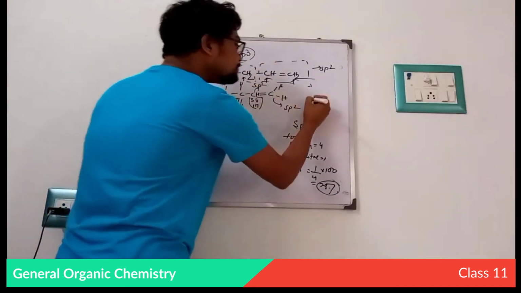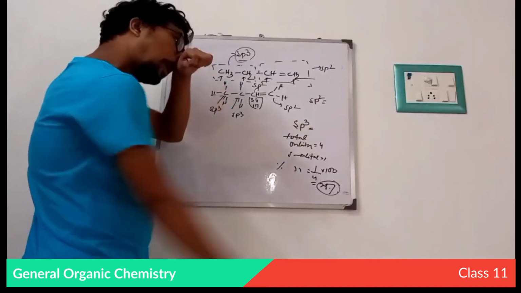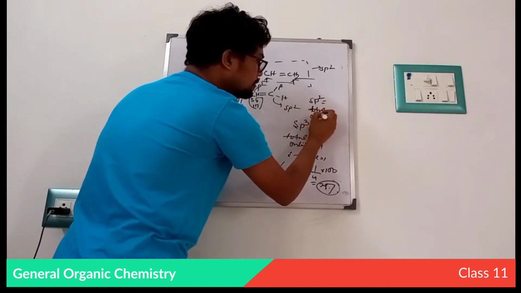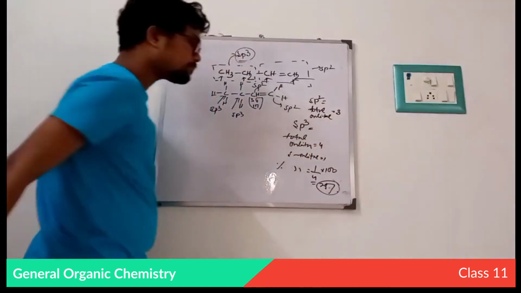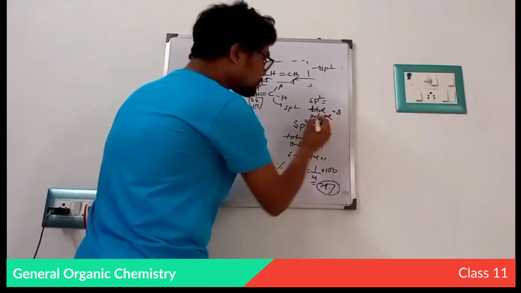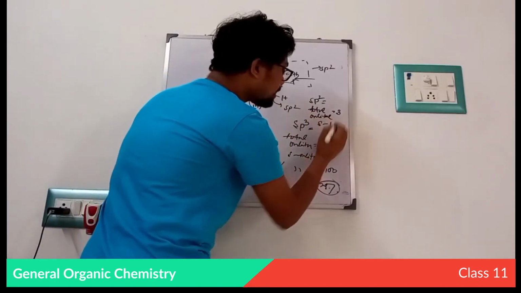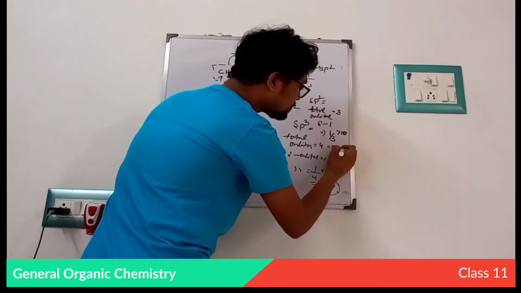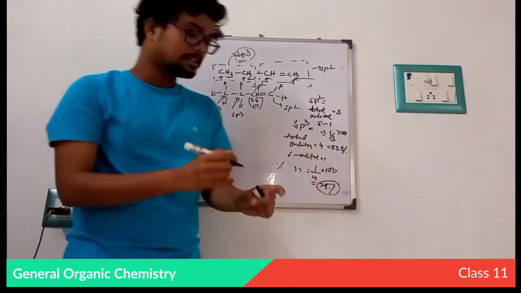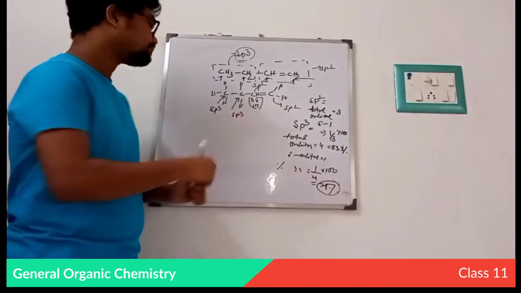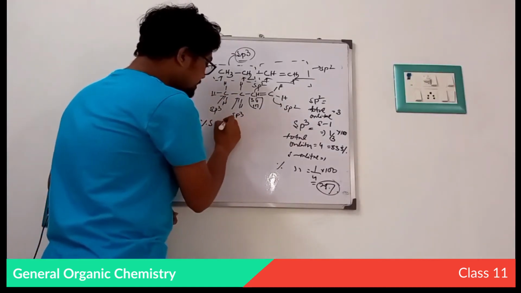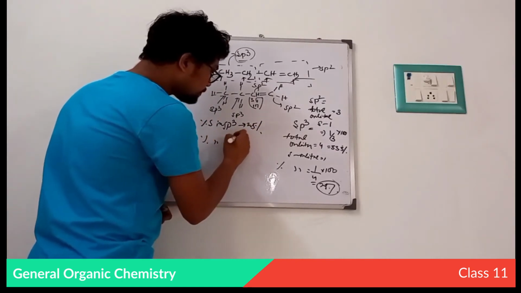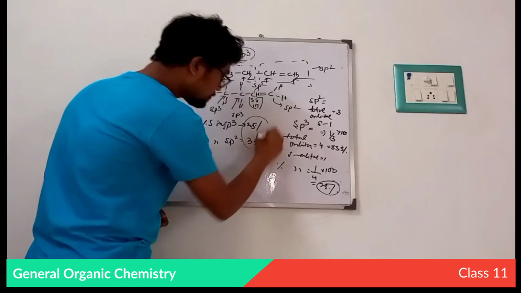And in case of sp2, what happened? Total orbitals is 3. S orbital is 1. So 1 by 3 into 100 becomes 33.3%. Now what happened? Percentage of s character in sp3 is 25, and in sp2 is 33.3%.